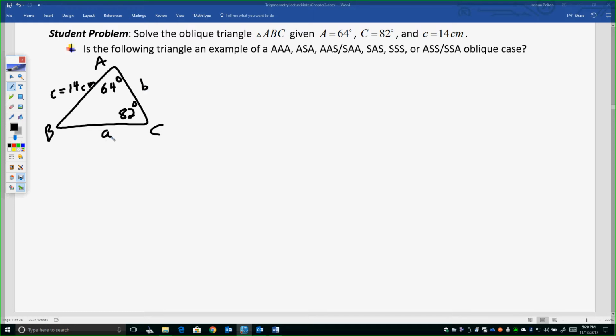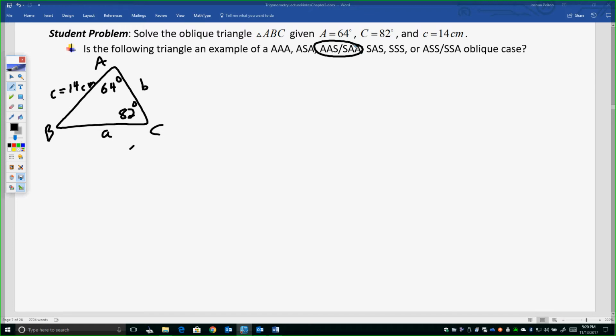Okay, so when I read this, I cannot go C to B because I can't skip an angle to another angle. Can't do that. So when I read this, in fact, I have to go this way. So that, in fact, is a side, angle, angle, or an angle, angle, side, depending which way you go.